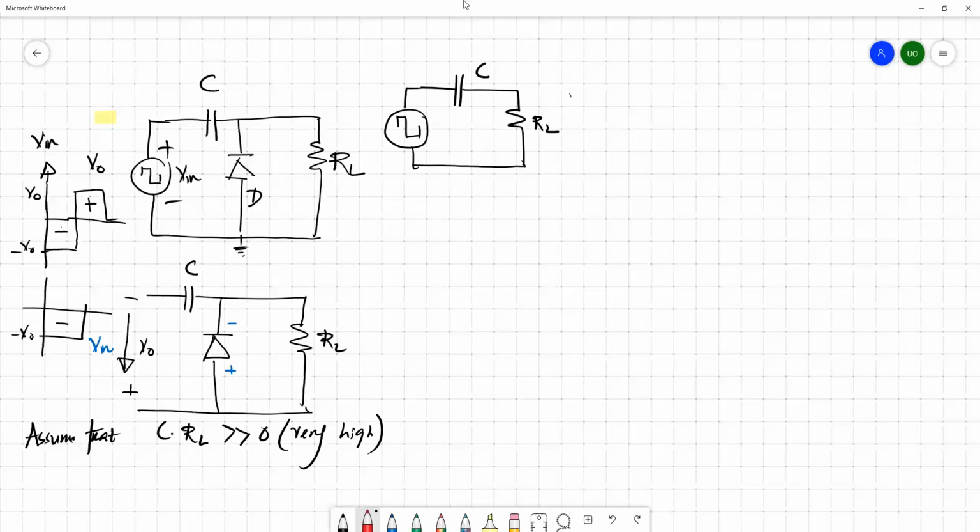For an RC circuit, you can define a value called the time constant, which gives insight about the charging and discharging rates. It is the product of RL and C.